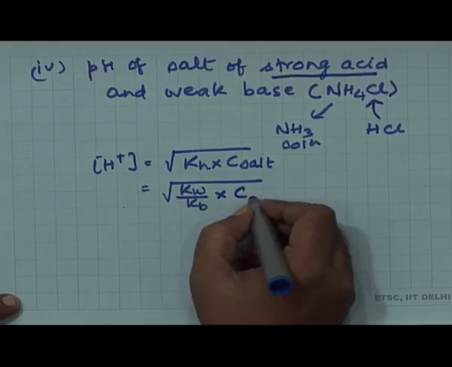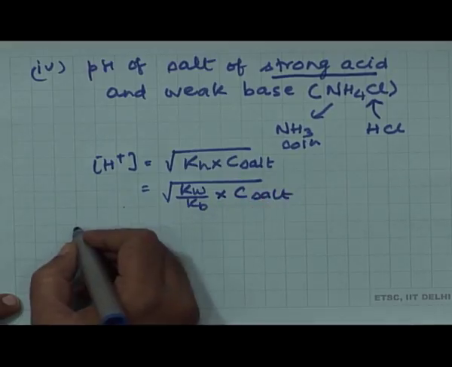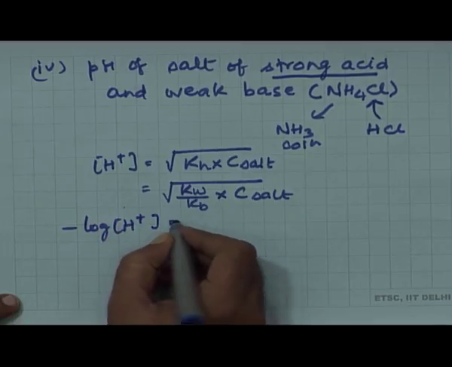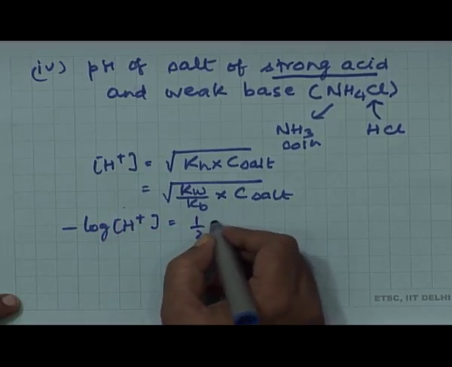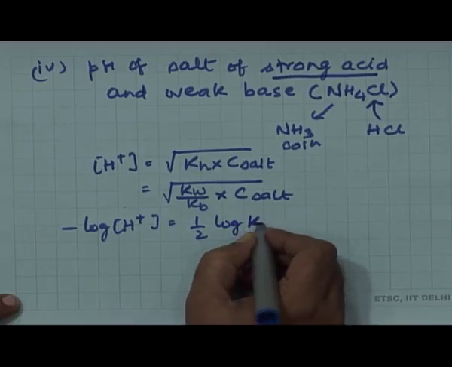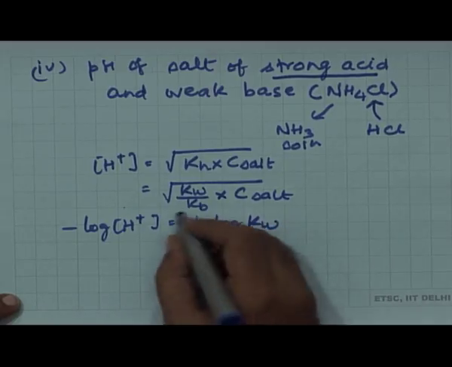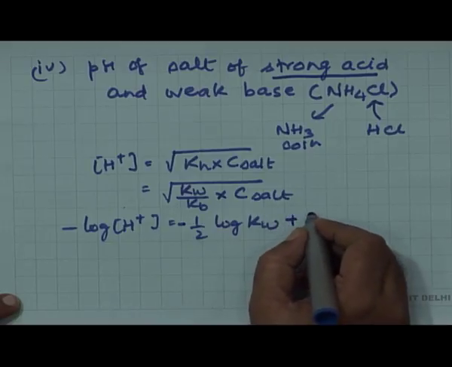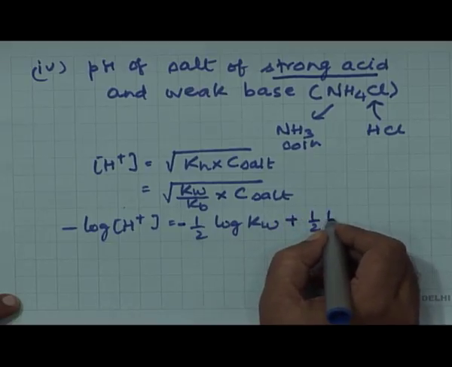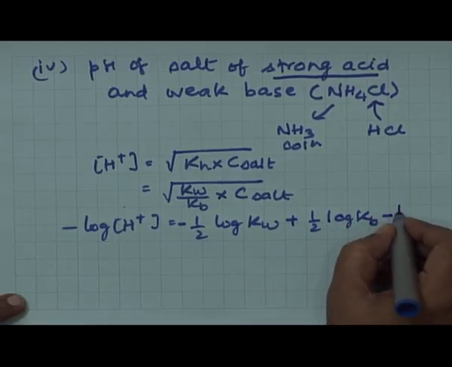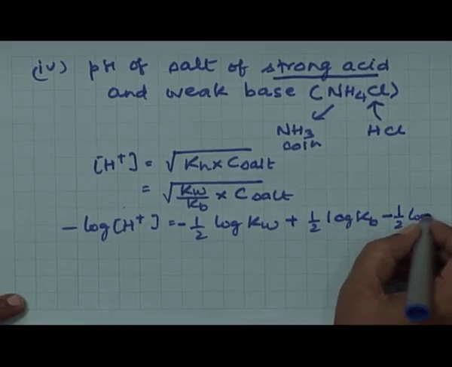So, if I take minus log H plus ion, this will give you half log Kw with minus sign, and then plus half log Kb, minus half log C salt.